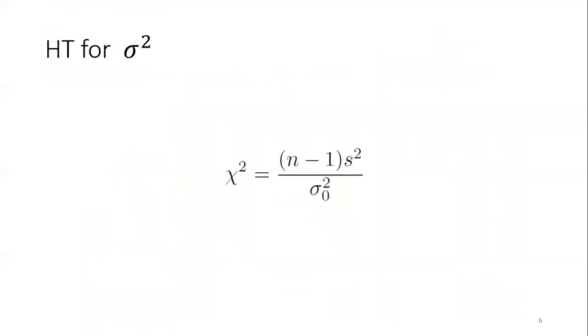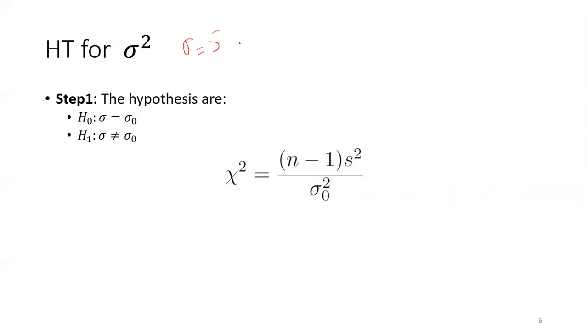Now, let's look at our 5-step procedure for hypothesis testing for sigma square. The hypotheses are whether sigma is equal to some number, something like sigma is equal to 5 or sigma is equal to 3. Sigma 0 just stands for a scalar, a number. This is equivalent to H0: sigma square is equal to sigma 0 square, meaning sigma square is equal to 25 or sigma square is equal to 9.